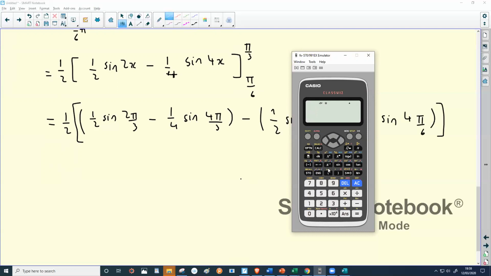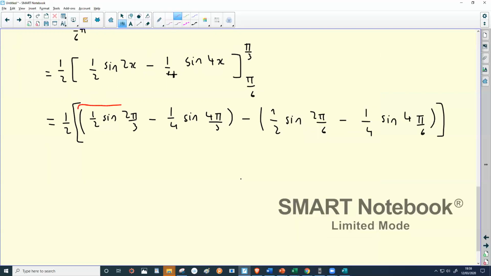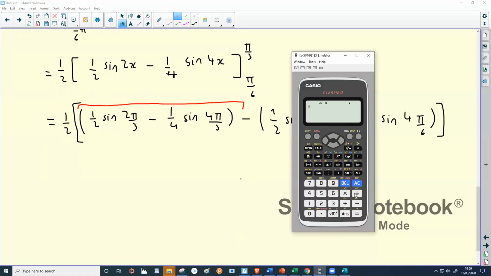So now I'm going to do the first bracket, i.e. this thing here. I'm going to work that out on the calculator so you can see exactly how I type it in.